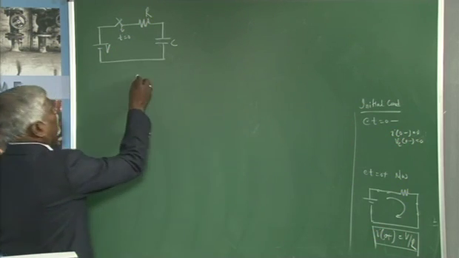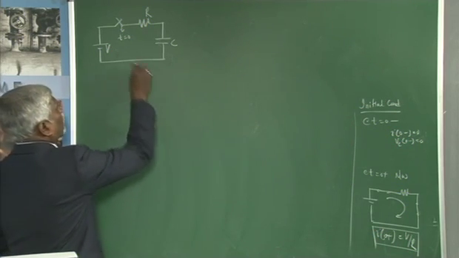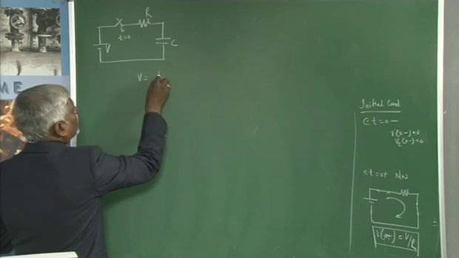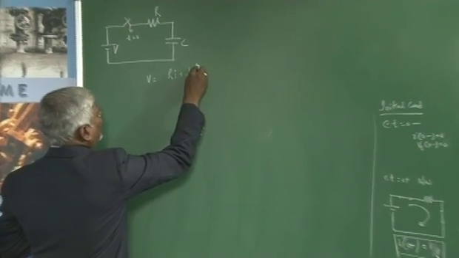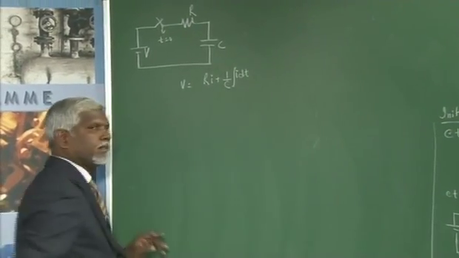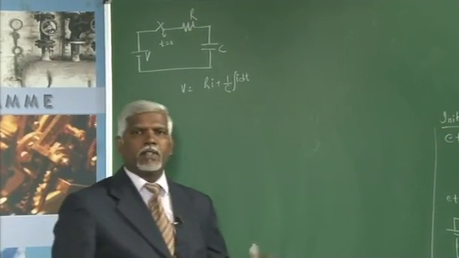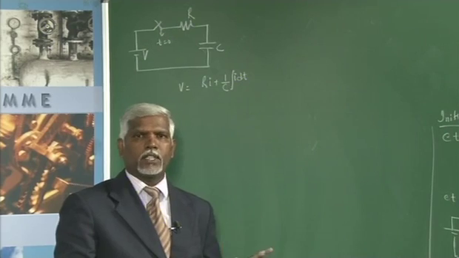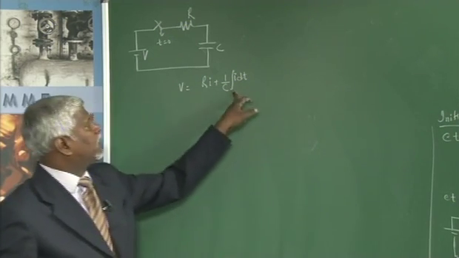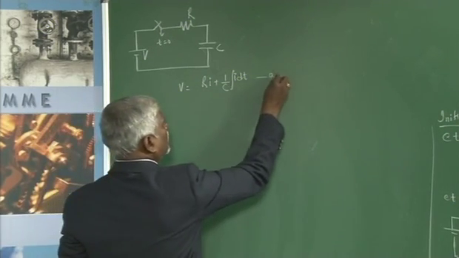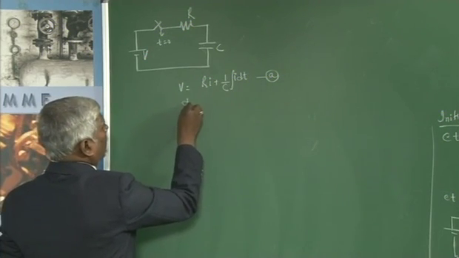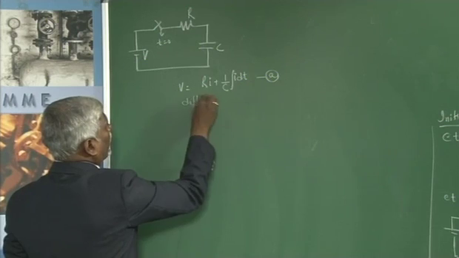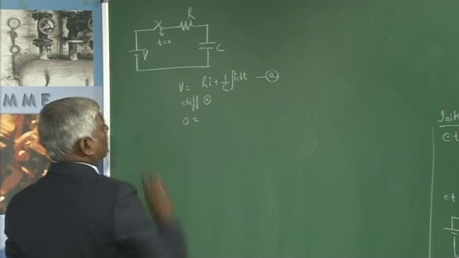As usual, we write the integro-differential equation. For a general network after switching, V is equal to R into I plus 1 by C integral I dt. What we found in the previous case was the solution of the differential equation. Since I have an integration here, differentiate this to bring it to the standard form. Differentiating the left side, we get 0 because this is DC.